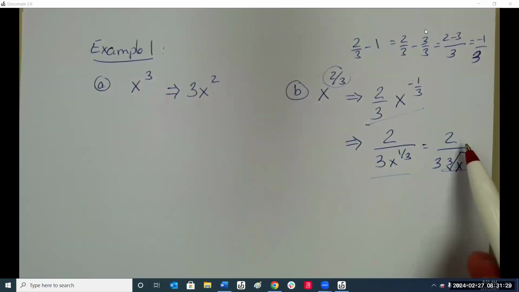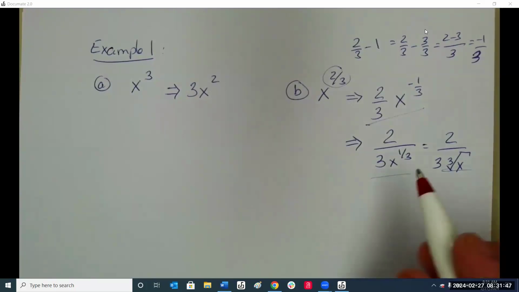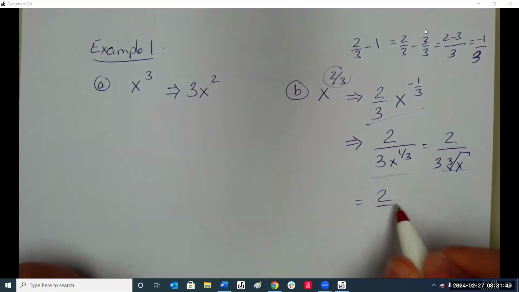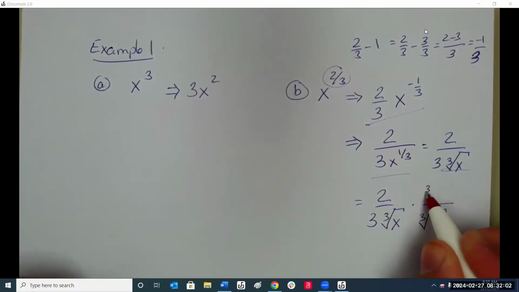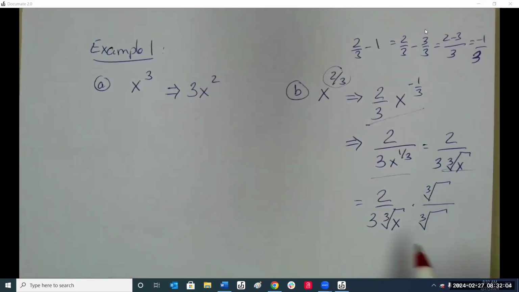What would I have to multiply to this one? To rationalize this one, we know we have a cube root. How many x's are we missing?